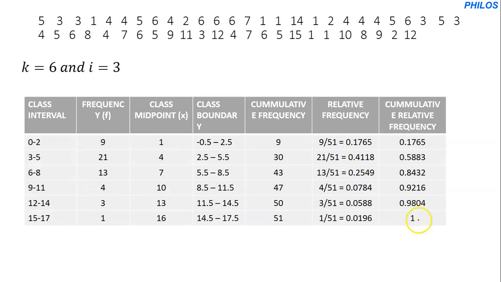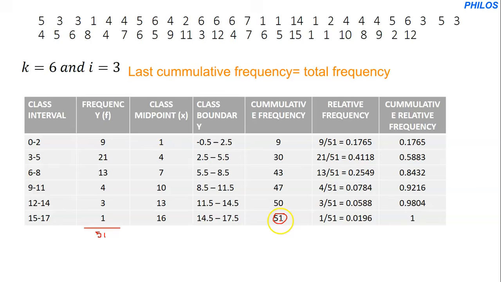Now remember something. I told you that you should always check total frequency. So total frequency was 51, and then you check the cumulative frequency. Check if the cumulative frequency is the same as the total frequency, so that you know if you've done your calculation well over here.